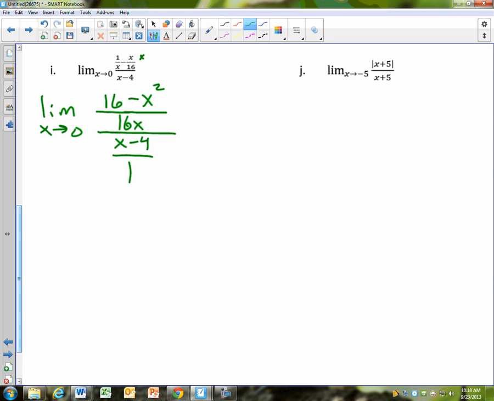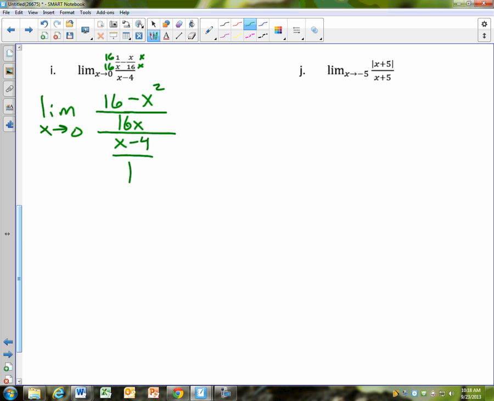Just so you can see that there's a numerator and a denominator in both pieces. Is everybody okay with that step?